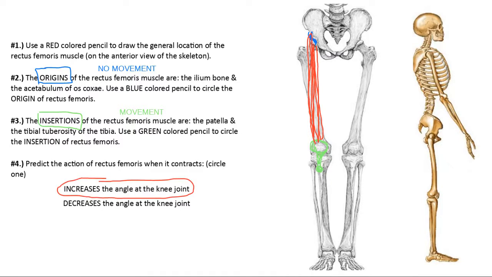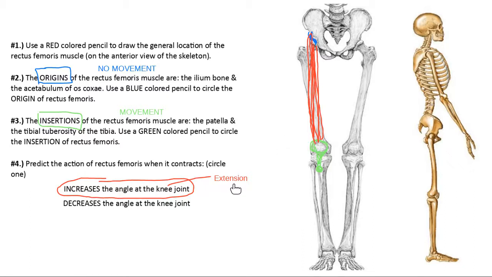Rectus femoris at the knee joint is doing extension because we're moving this bone toward the other one. We're making a greater angle. Remember, we're sitting in the chair and we're bent, and then we move that leg forward. That increases the angle.